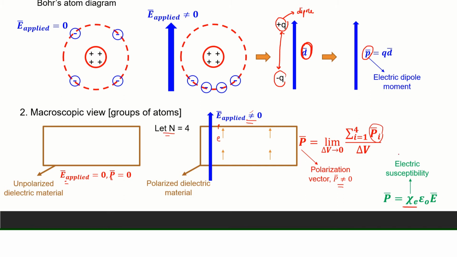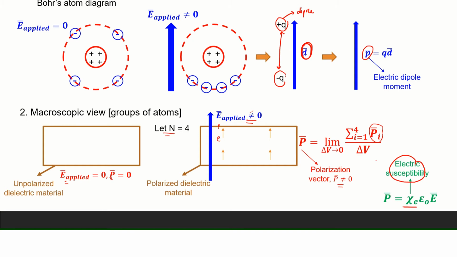Here, electric susceptibility means how the dielectric material responds to this electric field. So the value of electric susceptibility shows us how the dielectric material responds to the electric field.